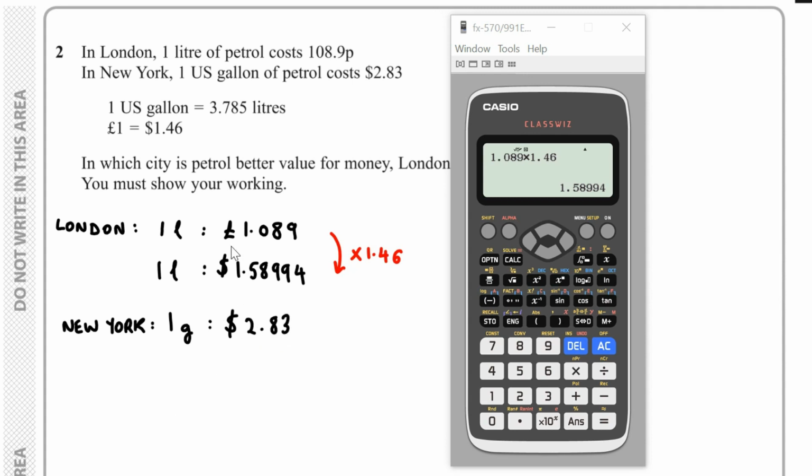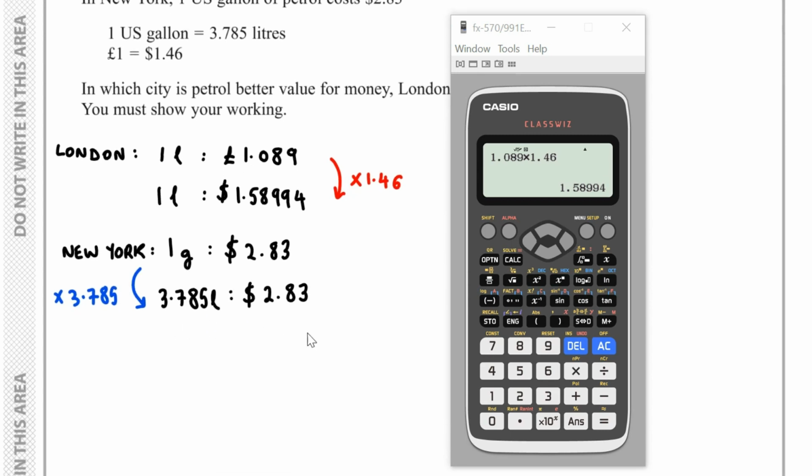Well, what we can do, recognizing that 1 gallon is 3.785 litres, we can see here that if we multiply by 3.785, you can see that 3.785 gallons would cost $2.83, rather, litres.